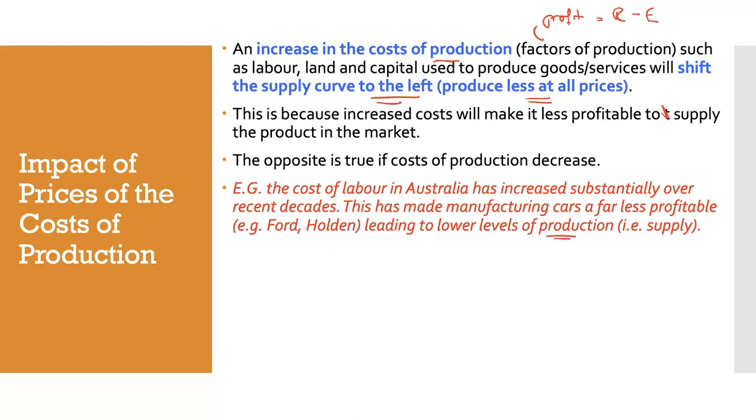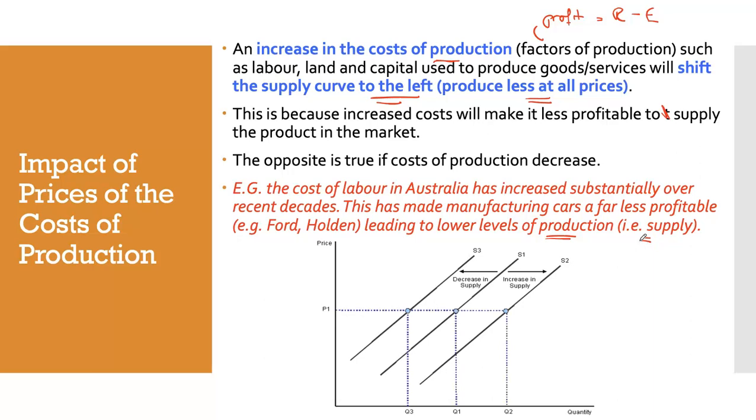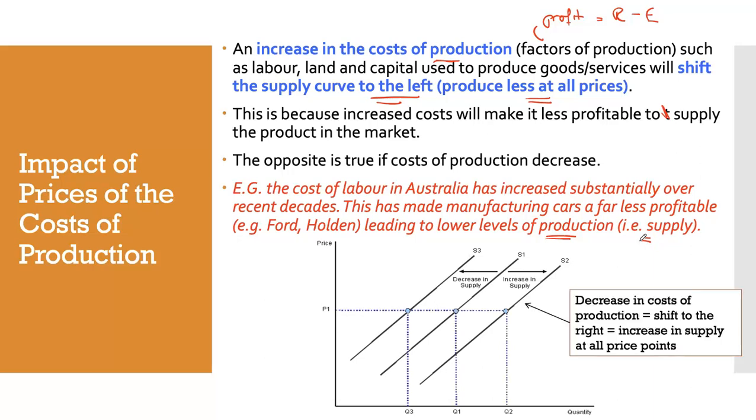This led to much lower levels of production or supply of these cars, and there's actually now no longer a car industry in Australia. Cost of production went up so much, these companies were not willing to supply these cars made in Australia. So what does this look like in a supply curve?